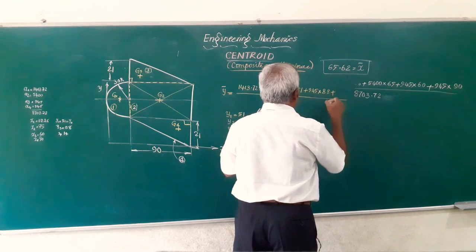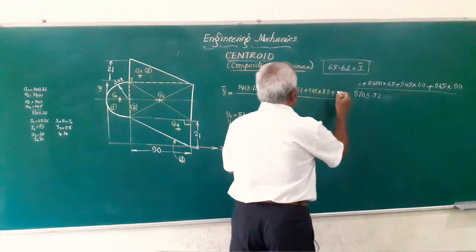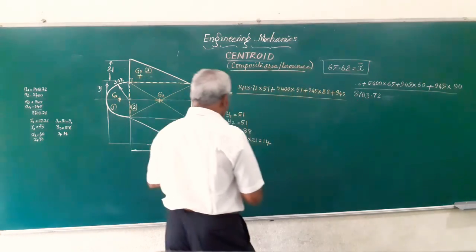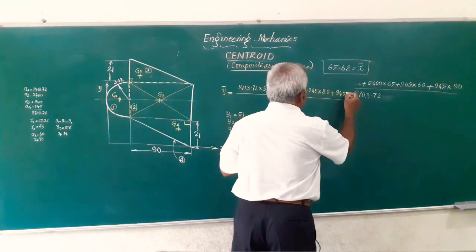Finally, a4 y4: a4 is 945 multiplied by y4, that is 14.